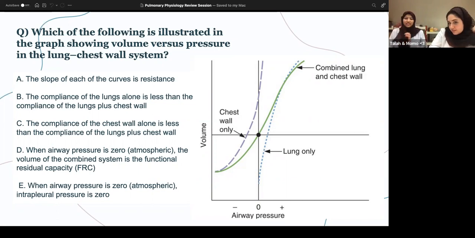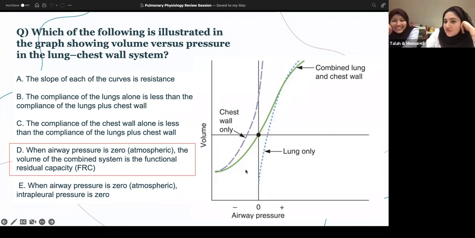You can type it in if you don't mind. The answer is D, but why, guys? I want to know.